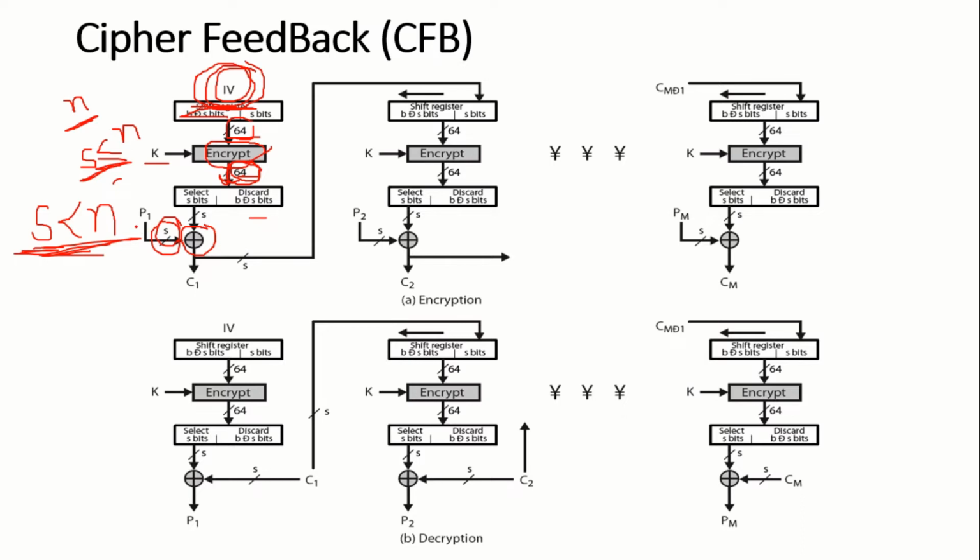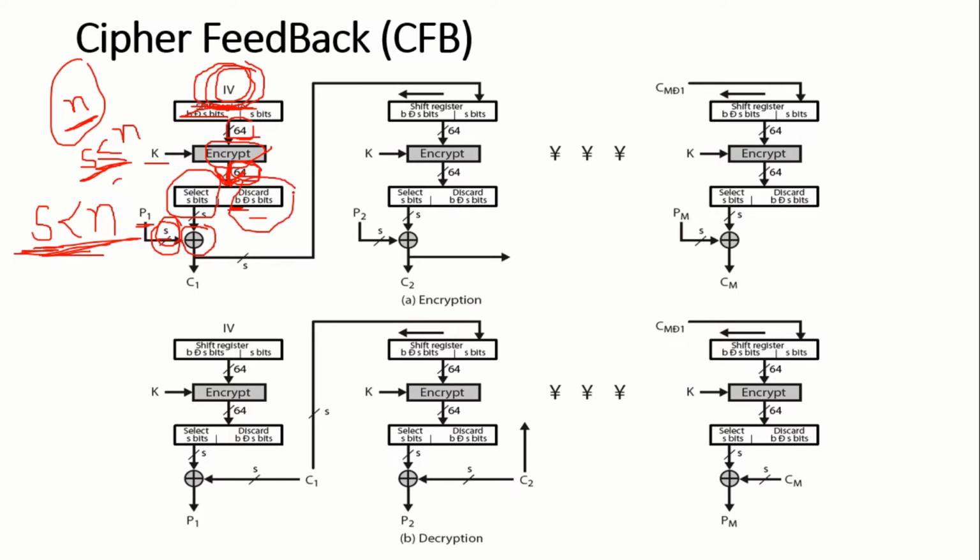Now this P1 is S bit long, and the message which we are inputting from here is B bit long. So we will only consider the S bits out of the B bits, and B minus S bits we will be discarding.